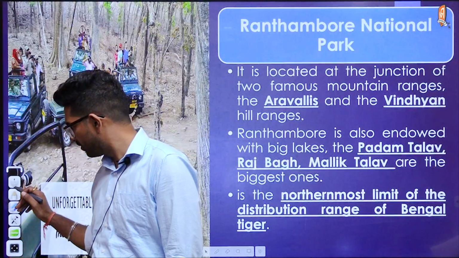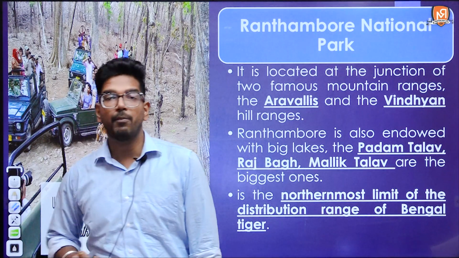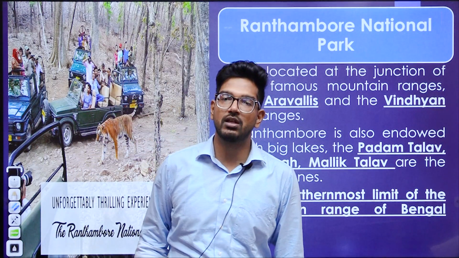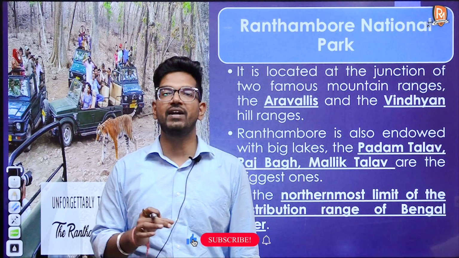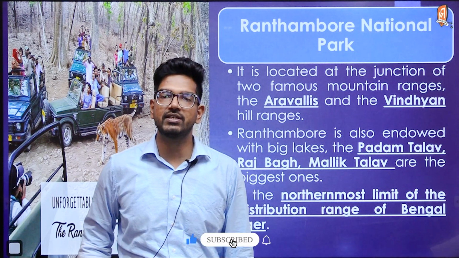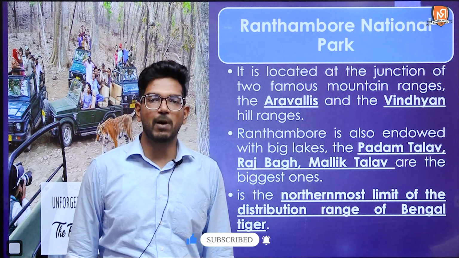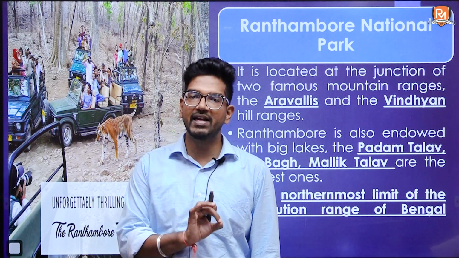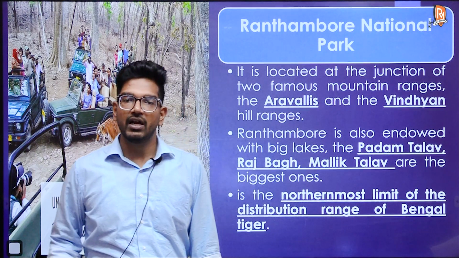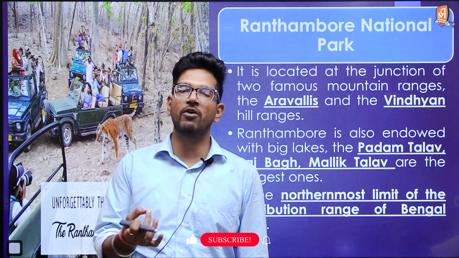Now if we talk about Ranthambore National Park, the last one, it is somewhere between the Aravali and Vindhya ranges. You can find various lakes in this area, like Padam Talao, Rajbagh, and Malik Talao. These are the important lakes found in this area. It is the northernmost limit of the Bengal tiger.